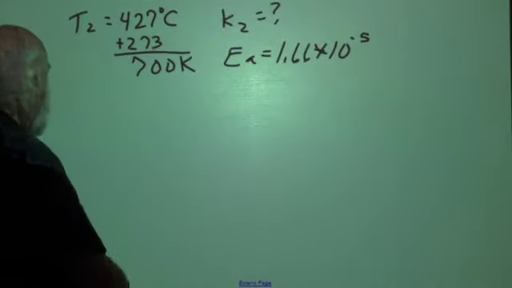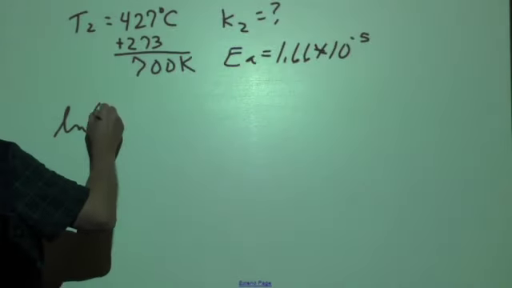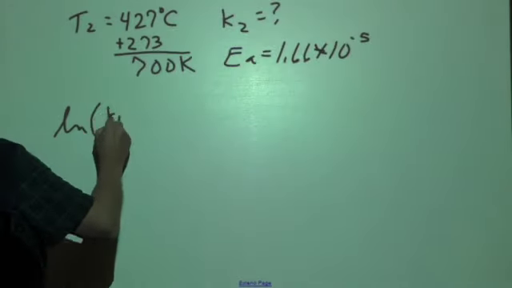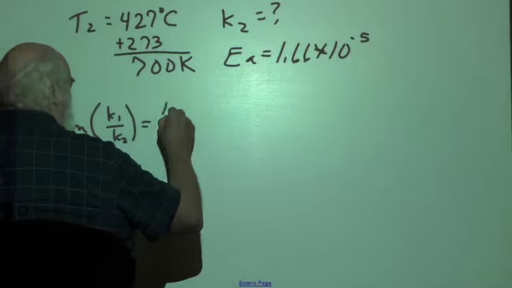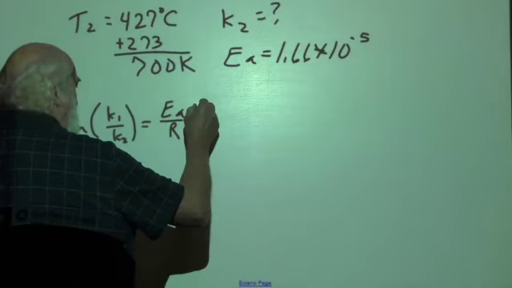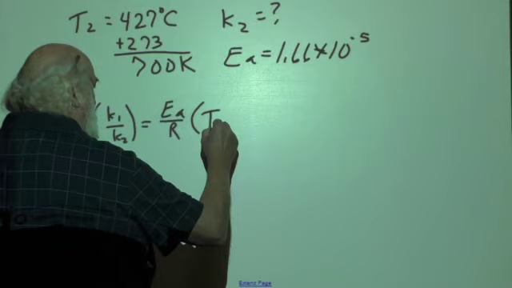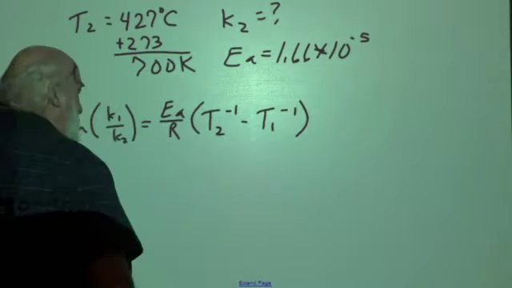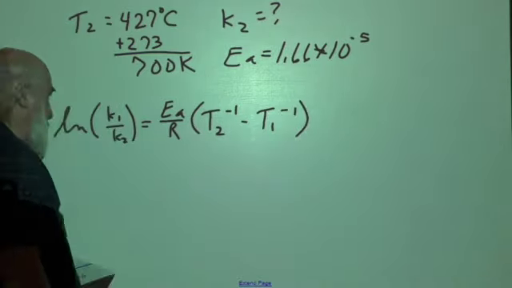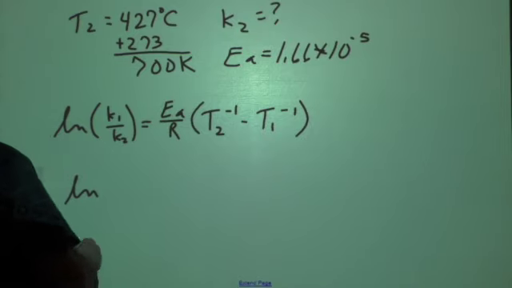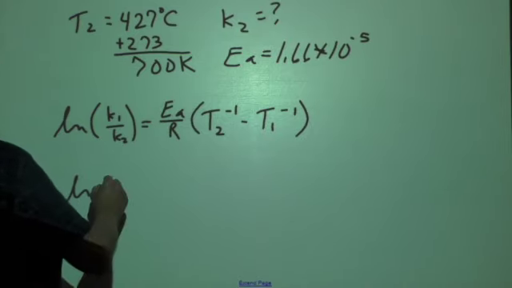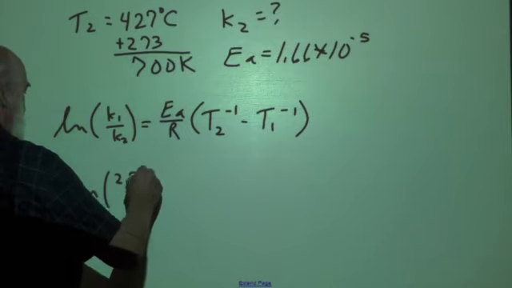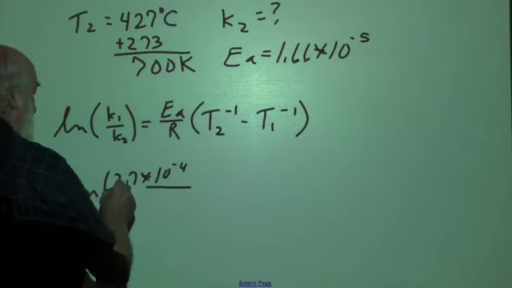But then I'm going to go back to Arrhenius' equation: natural log of K1 over K2 equals EA over R times (1 over T2 minus 1 over T1). I actually remembered my exponents. Aren't I a good boy? All right, so natural log of K1, which we said is 2.7 times 10 to the negative 4, over K2.